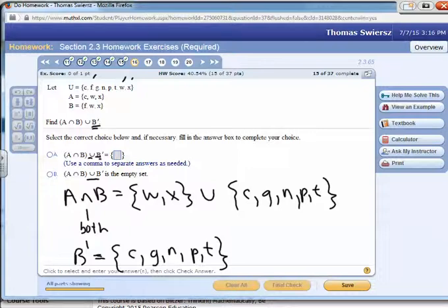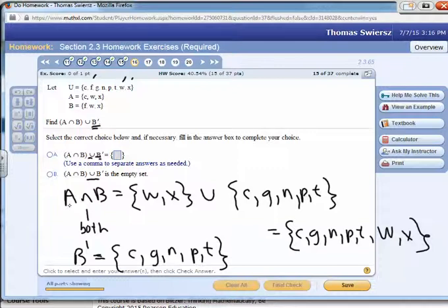So we've got the C, the G, the N, P, T, and also from A intersect B, the W and the X. Our final answer is C, G, N, P, T, W, and X.